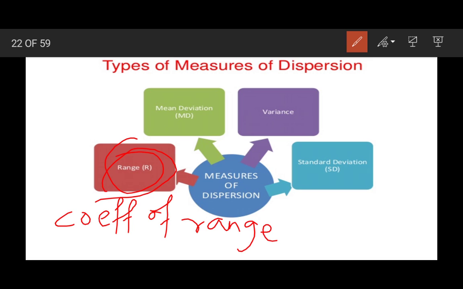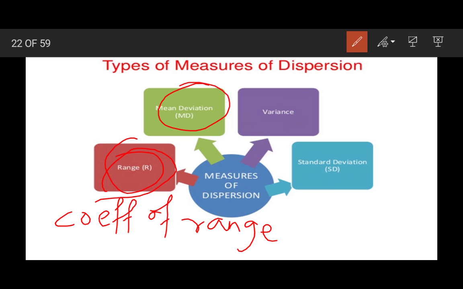So range is an absolute measure, but we cannot use range for comparison, and hence we are going to find the coefficient of range, which is a relative measure of dispersion. Then the second absolute measure of dispersion is mean deviation.